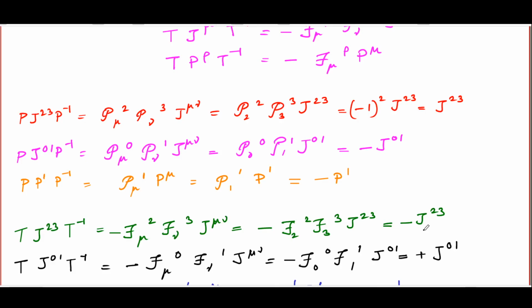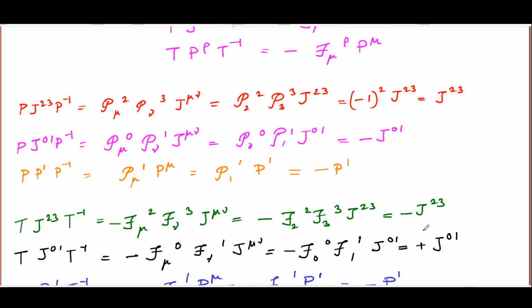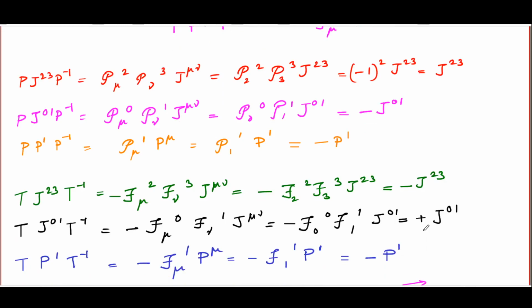So as far as Lorentz generators are concerned, parity and time reversal produce opposite effects. As far as momentum is concerned, on the other hand, capital T P1 T inverse will be simply minus curly T mu 1 P mu, and that means it's going to be minus curly T 11 P1, and that is simply equal to minus P1. So both parity and time reversal change the sign of momentum components.